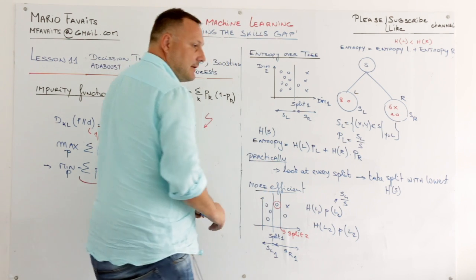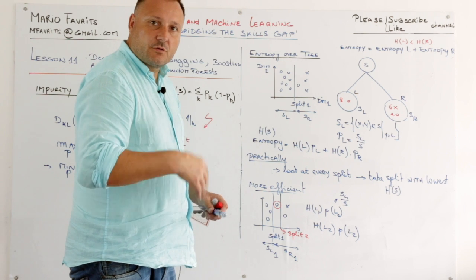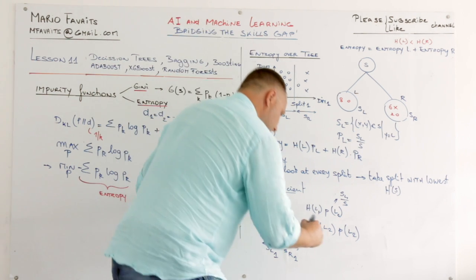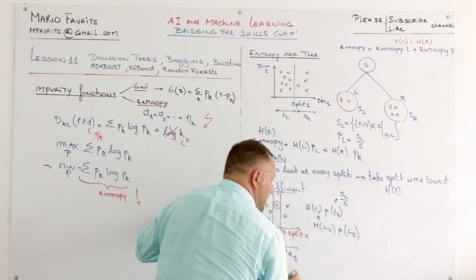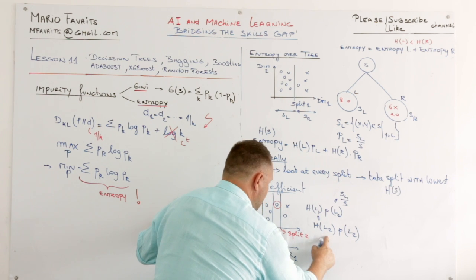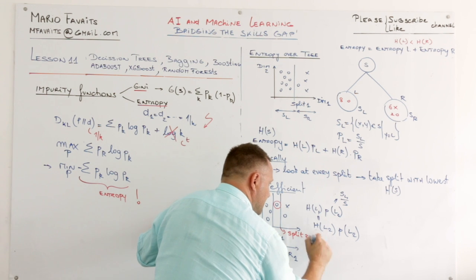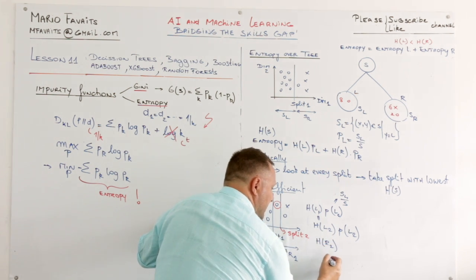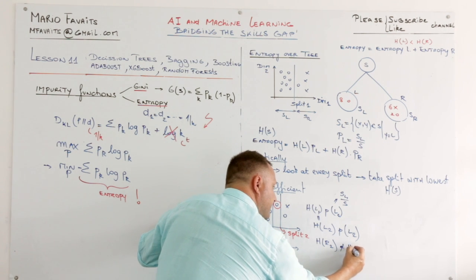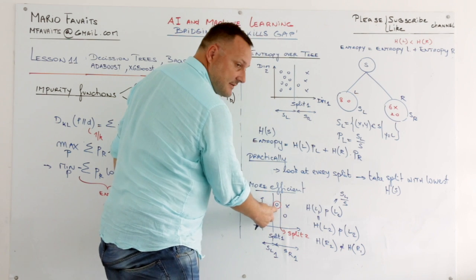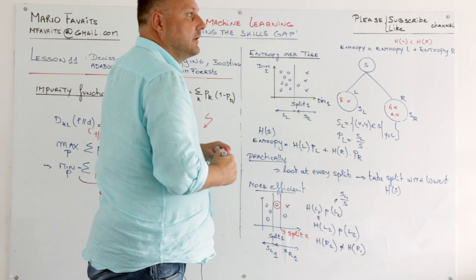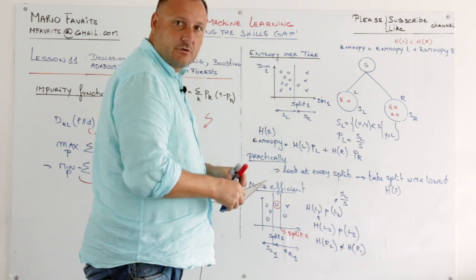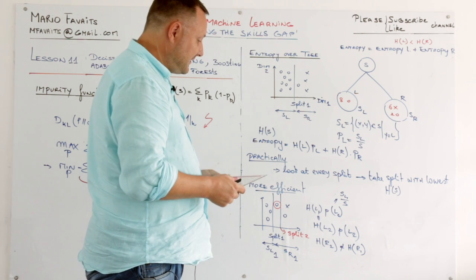On the right hand side, however, you take a circle out. So entropy L1 is the same as entropy L2 on the left, but entropy R2 is different from entropy R1, because you take this one out, so it's going to have fewer circles than with split one.